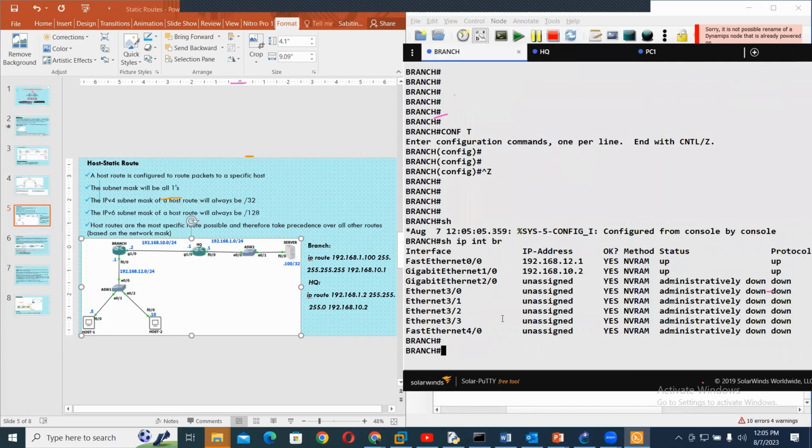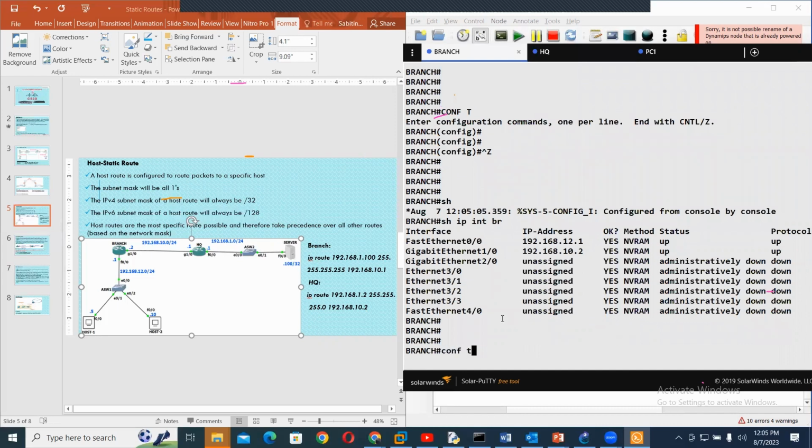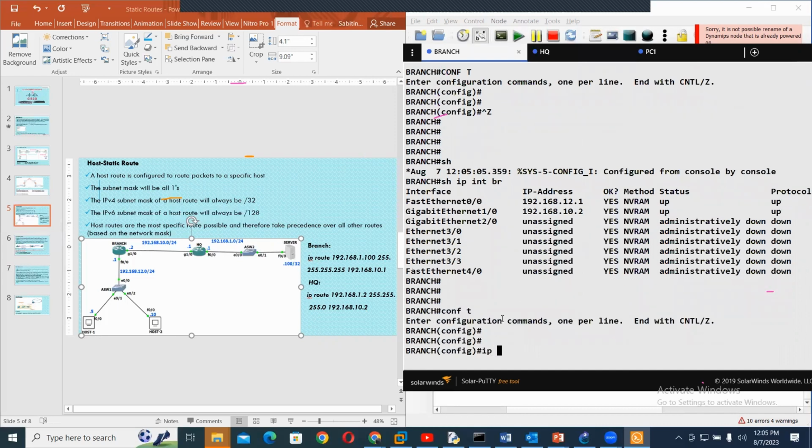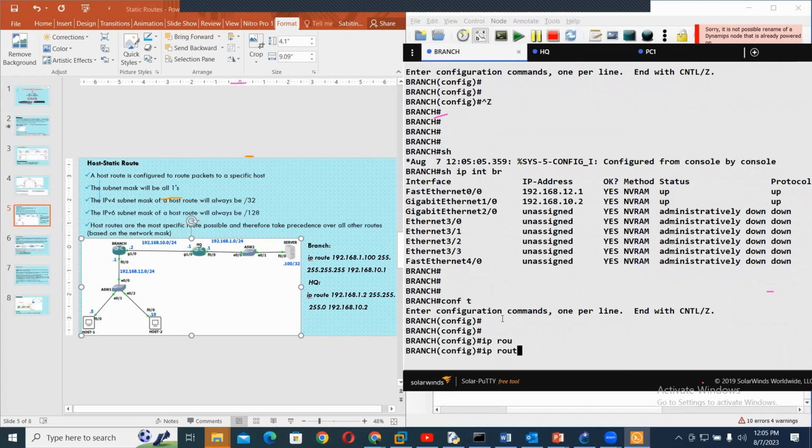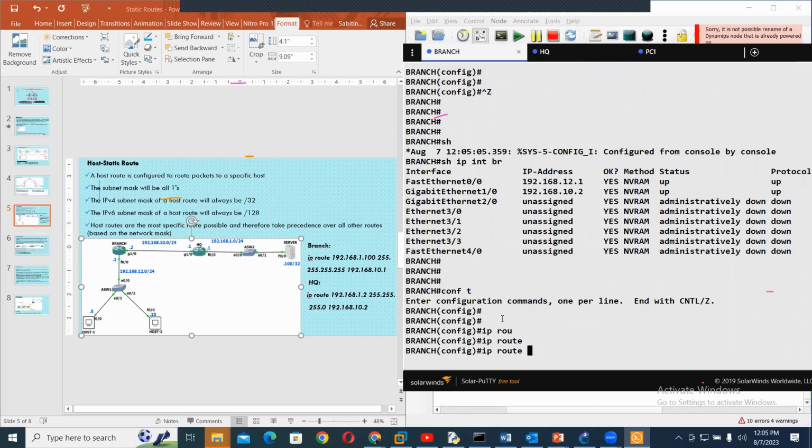Okay. We have to configure now the route, ip route to the host, which host is 192.168.1.100, 255.255.255.255. We have to pass through 192.168.10.1.